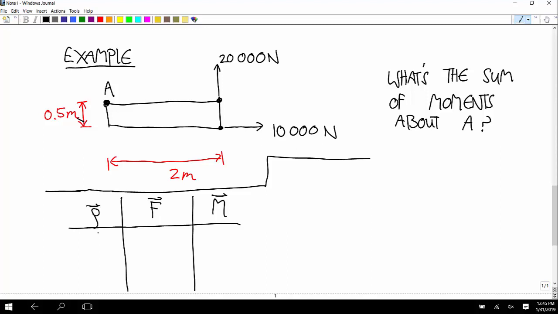But okay, so for the first force, let's call the 20,000 Newton force the first one. So the first row is all going to be related to that 20,000 Newton force. The place where this force is applied is here. So the row vector for this first force always goes from the about point to where the force is applied.